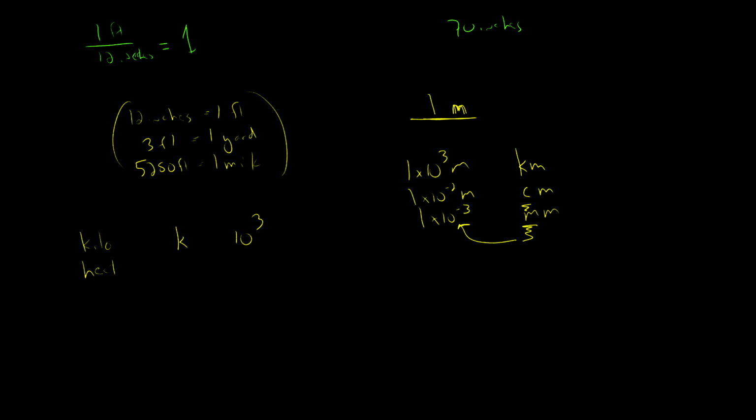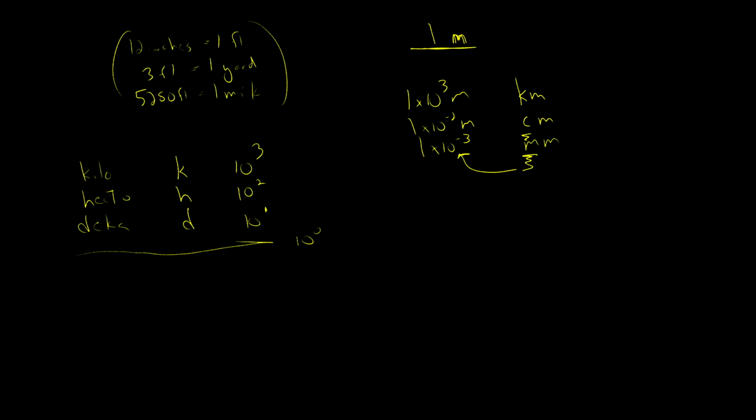(I always get my O's and A's messed up in Greek.) Then we get deca, which is 10 to the 1st. And then we have the base unit itself, which is 10 to the 0. So you don't change anything with the base.